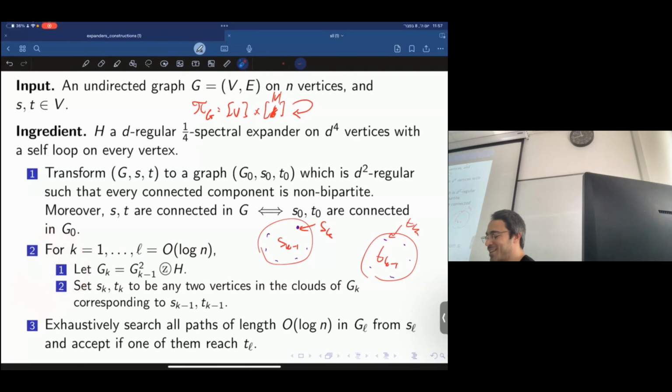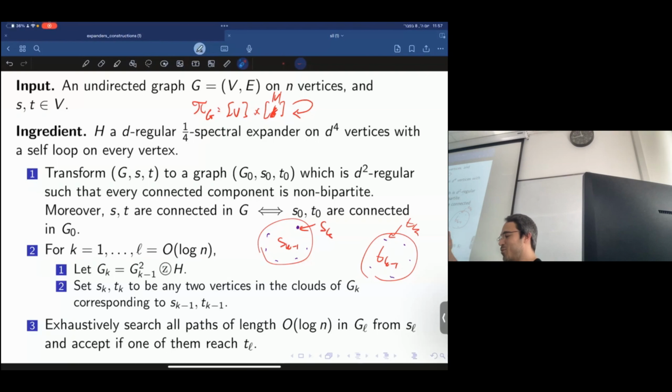And after log n iterations, I'm going to do what we did in the solution where we assumed that G is an expander. I'm going to go over all paths of order log n length in G_L. This constant is actually interesting. There is a constant related to the graph size, but G_L, as we said, has a size larger than the size of G. It is always multiplied by d to the fourth, but this is constant, so it's going to be like poly n in the end, because there are log n iterations.